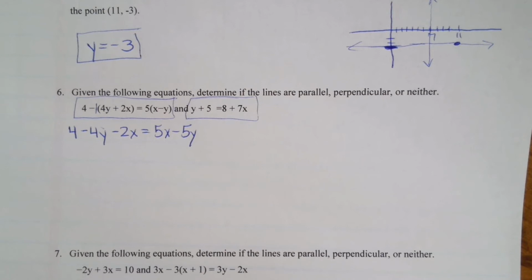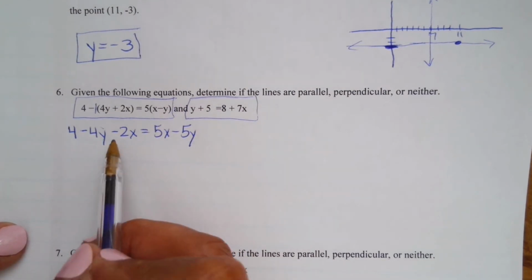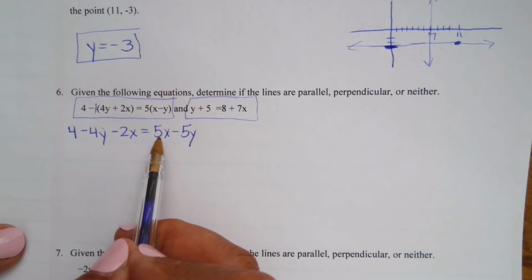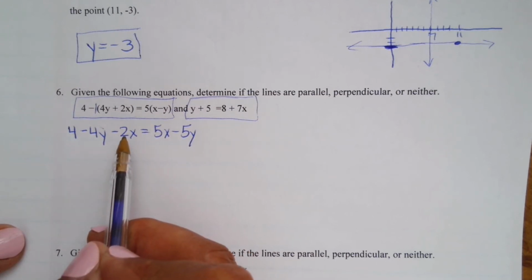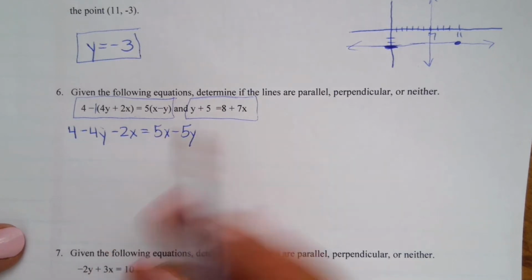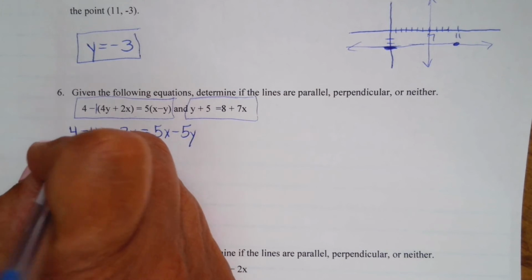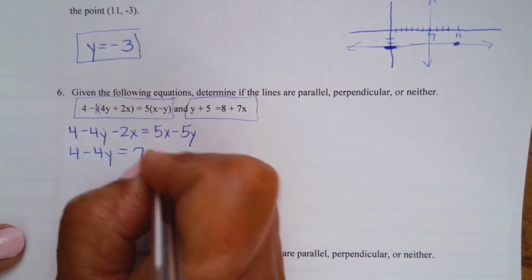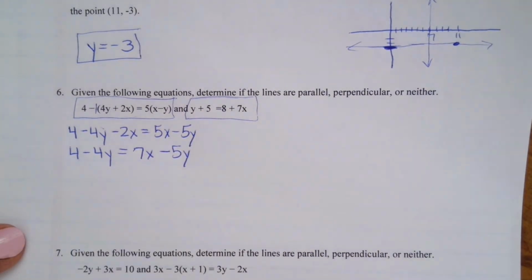So the first thing I would want to do is take this -2x and bring it over here. I need the x's on the right-hand side. So a -2x, when I move it over, will become positive 2x. So 5x plus 2x will be 7x. So that's what I'm going to do first. So I'm going to leave the 4 minus 4y there and make this 7x minus 5y.